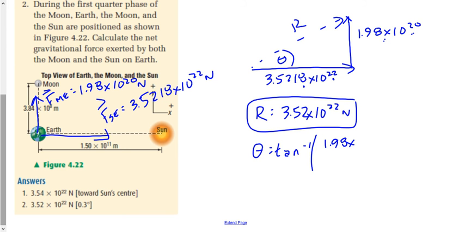1.98 times 10 to the 20 divided by 3.5218 times 10 to the 22. And I assume when you do that, you get 0.3 degrees. They made a little mistake, though, with sig figs, right? Should be two significant figures, right? What does it work out to be the two digits? 0.3.